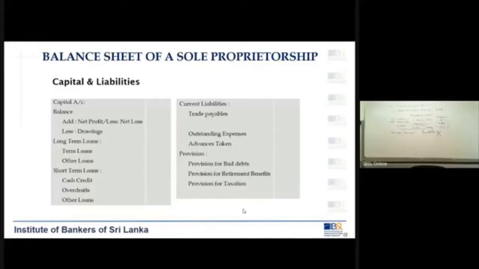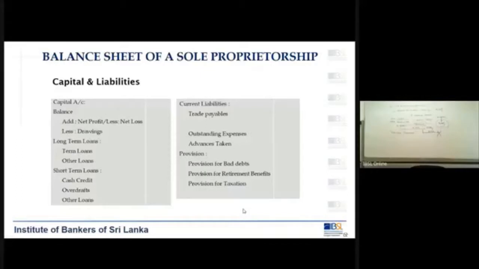On the capital items, you will see there will be your capital and then you have the profit. Now, where is this profit coming from? From your profit and loss account. The amount that you have generated as a net profit or a loss will come here as part of your capital, which we have already learned under the accounting equation.